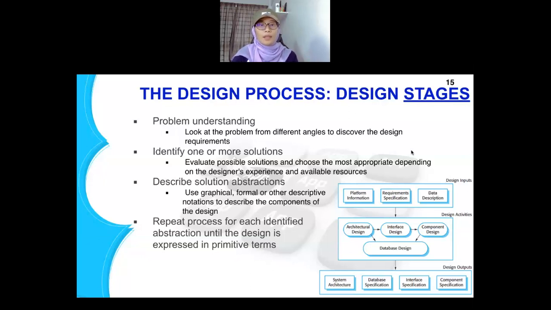Repeat the process for each identified abstract until the design is expressed in primitives. Like I said, the design process is iterative. It can repeat the process to identify the abstraction until the design is confirmed and agreed by both parties.